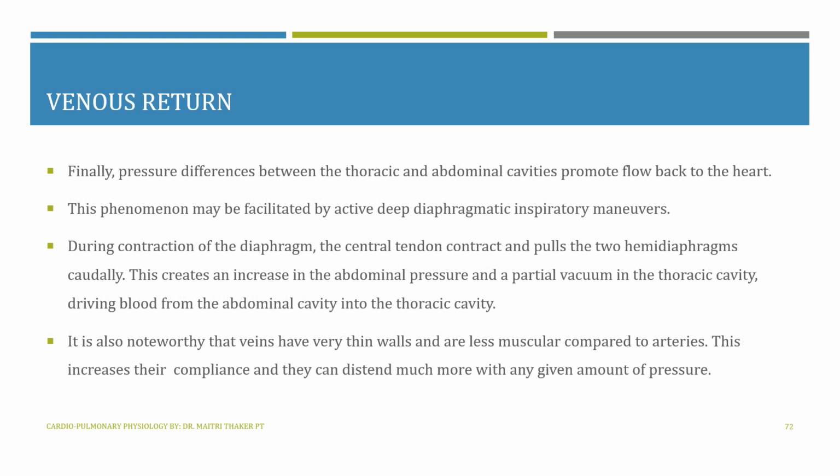There is another mechanism that facilitates venous return, that is the pressure difference between the thoracic and abdominal cavities. This phenomenon may be facilitated by deep active breathing, diaphragmatic breathing. So during contraction of the diaphragm, what happens? The central tendon contracts and pulls the two hemidiaphragms downwards.